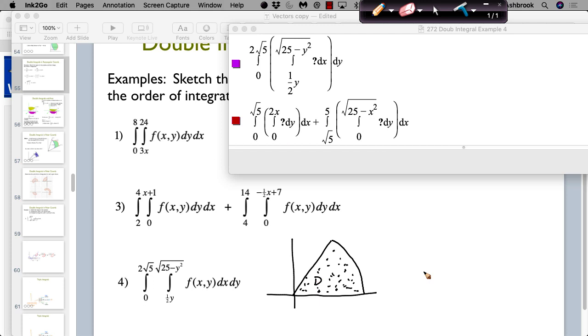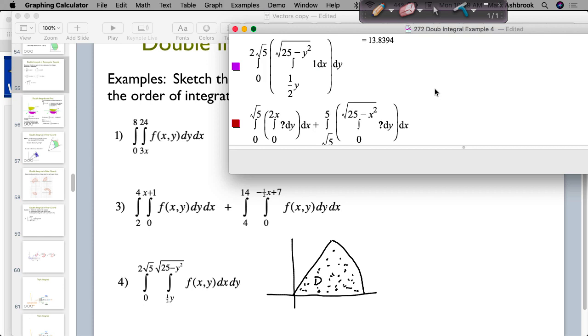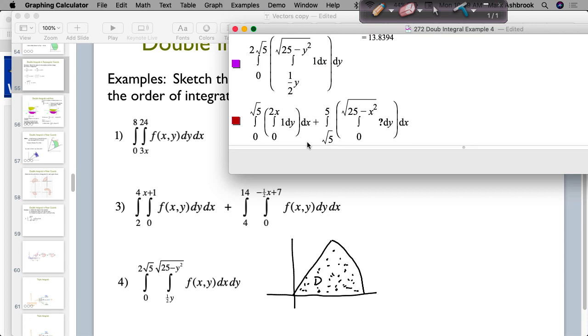Right, let f of x, y equal 1. So here's the original integral. So right here, my integrand will be 1. So I get area of 13.8394. And then here's the rewritten version. What should I do? 1 again.